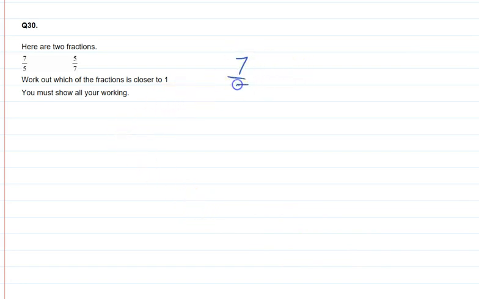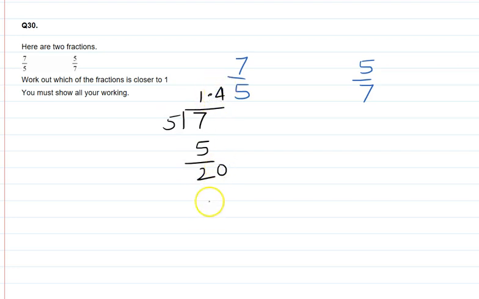So if you divide the top number 7 by 5: 5 times 1 is 5, it is 2. Put point and 0, and 5 times 4 is 20. So this is equal to 1.4.